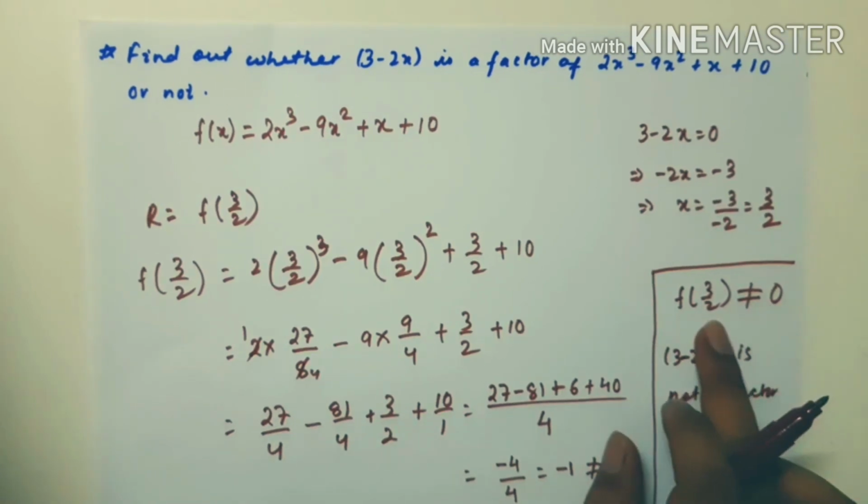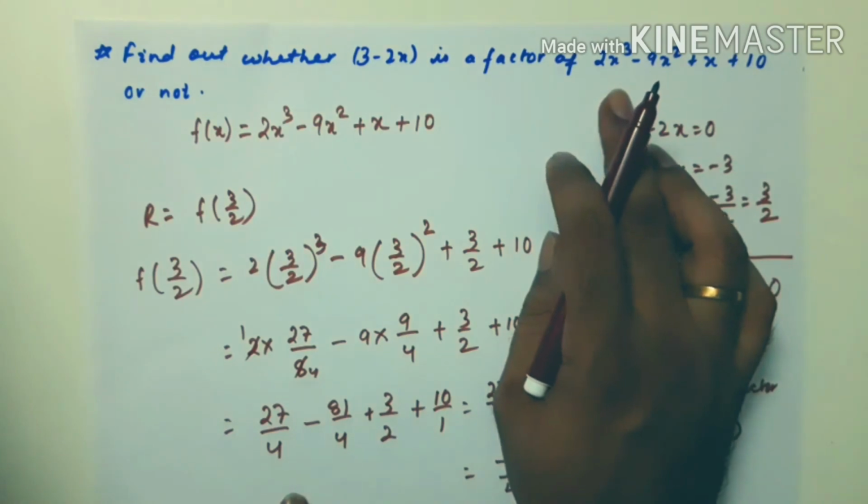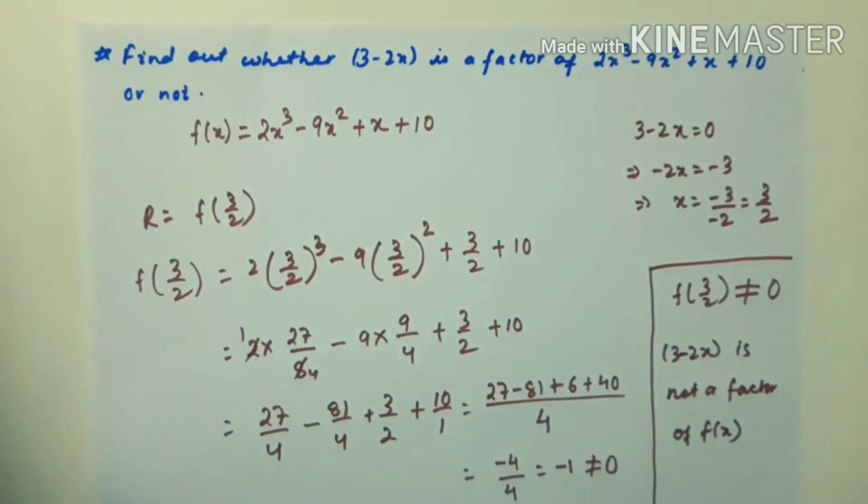And what is f of 3 by 2? f of 3 by 2 is the remainder whenever we divide this polynomial by 3 minus 2x. In this way, we can find out whether a given divisor or a given polynomial is a factor of another polynomial or not.